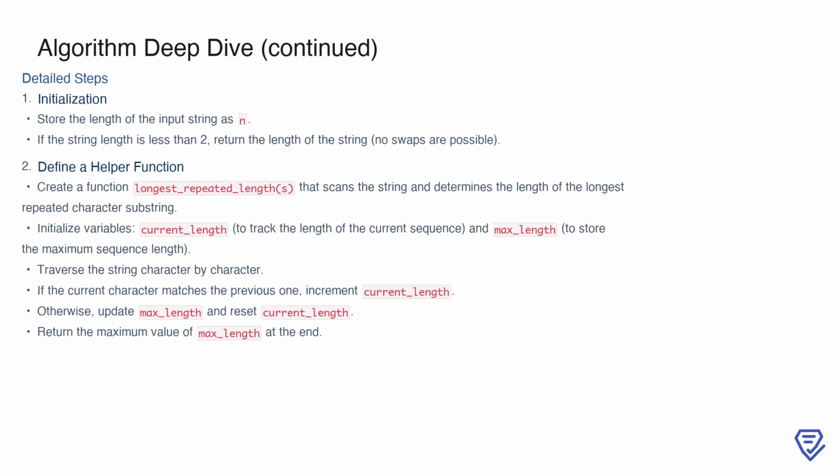If the current character matches the one before it, we increment current_length. If not, we update the max_length and reset current_length. Once the traversal is complete, we return the largest value recorded for max_length. This function is critical for evaluating the impact of potential swaps.